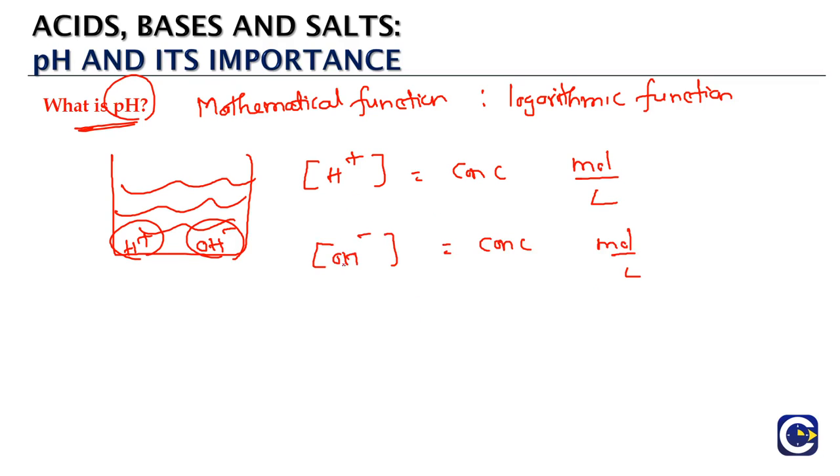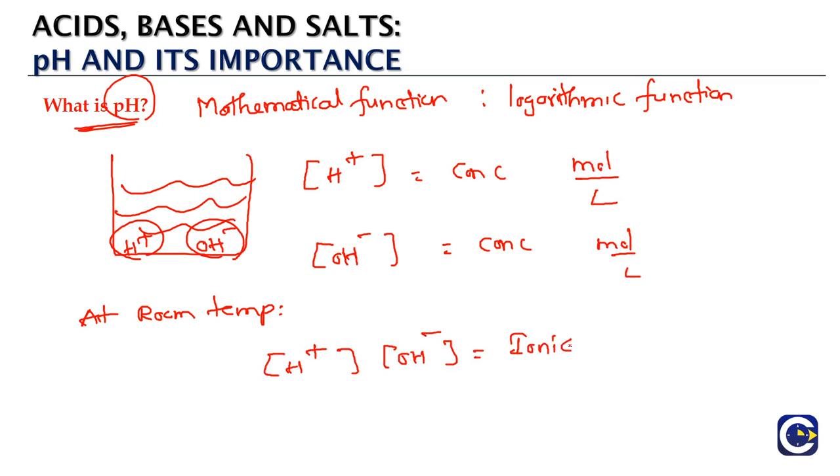At room temperature conditions, in whichever solution is present in water, the product of these two concentrations, which we will call the ionic product of water, will be 10 power minus 14. So at room temperature, the product of H plus ion concentration and OH minus ion concentration will be 10 power minus 14.